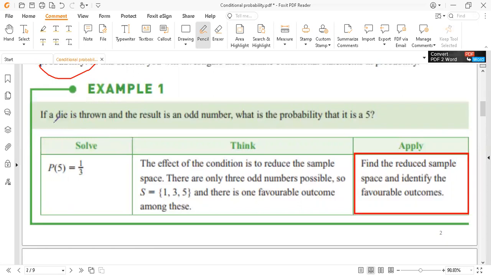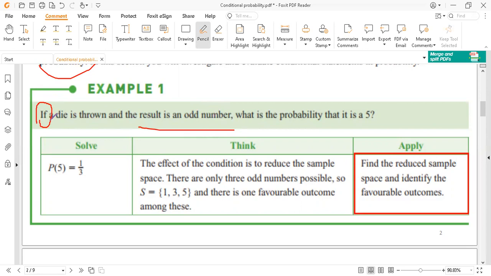For example, if a die is thrown and the result is an odd number. So normally we have an "if", an odd number. We are in the case where the sample space that we should investigate and work in contains only the odd numbers.